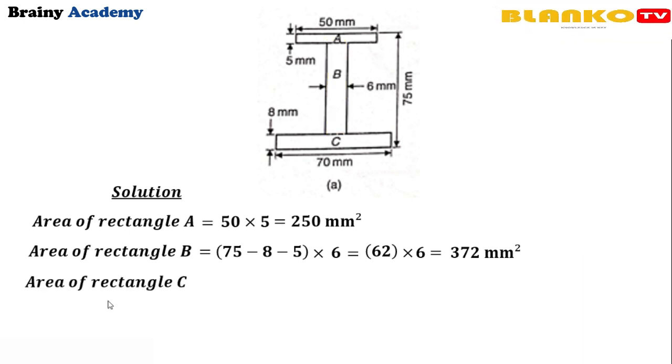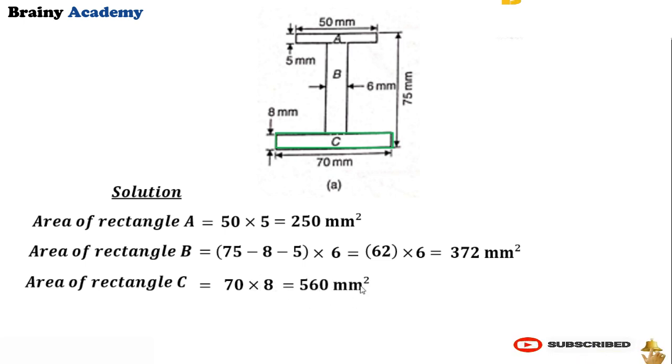So let's find the area of rectangle C. This is rectangle C, the green color rectangle, and it has a length of 70 millimeters and a breadth of 8 millimeters. So we have 70 times 8, and that gives us 560 millimeters square.